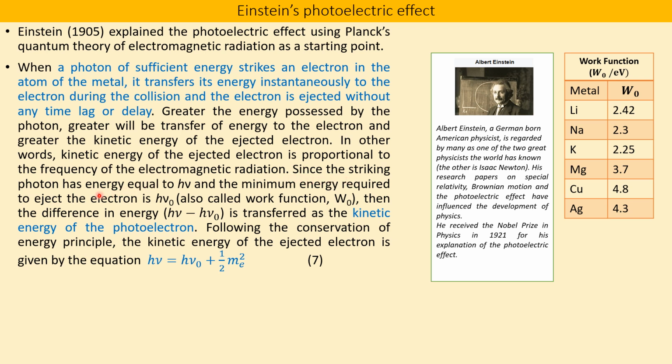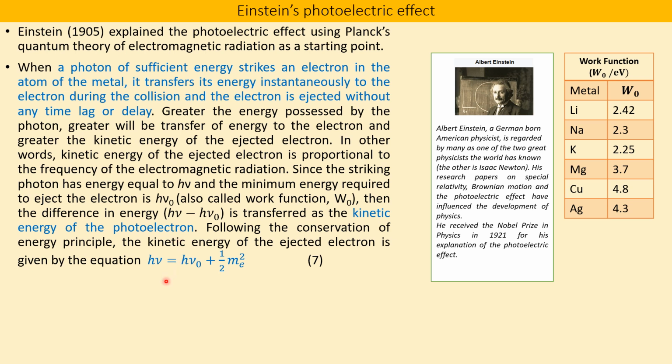Since the striking photon has energy equal to h nu and the minimum energy required is h nu naught, which is also called work function W naught, then the difference in energy, h nu, that is incident energy minus threshold energy, that is the minimum energy, is transferred as the kinetic energy of the photoelectron.